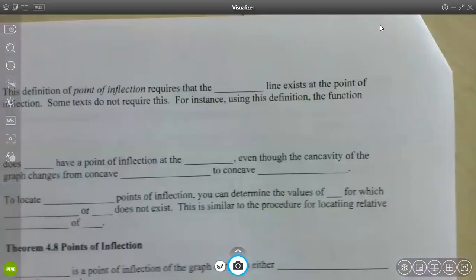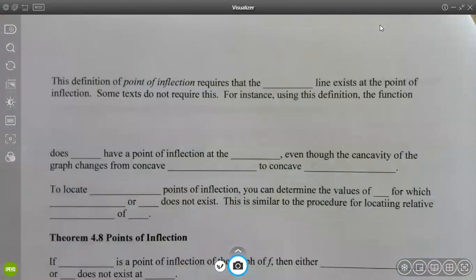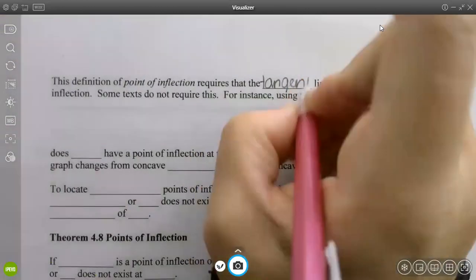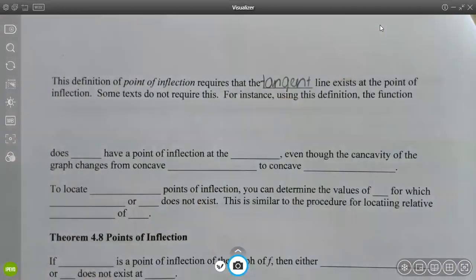The definition of point of inflection requires that the tangent line exists at the point of inflection. Some texts do not require this.